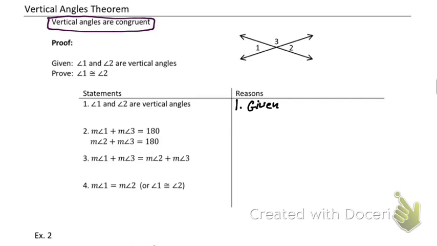What we're looking at is the fact that measure of angle 1 plus measure of angle 3 equals 180, and measure of angle 2 plus measure of angle 3 also equals 180. There's really two reasons for this, all kind of mixed into one.